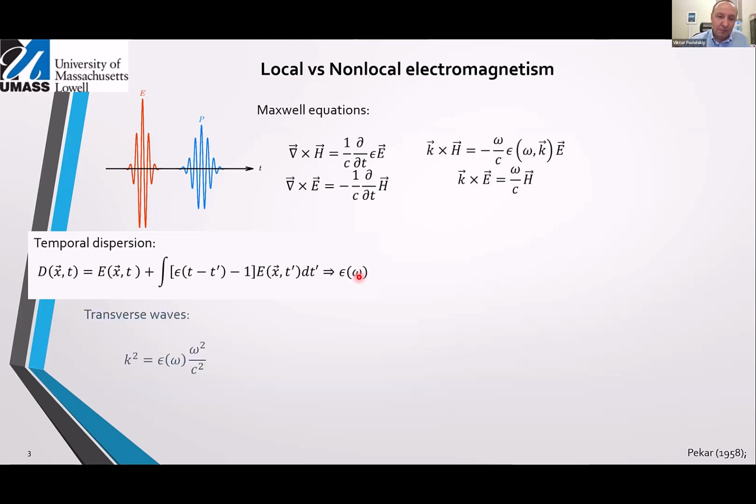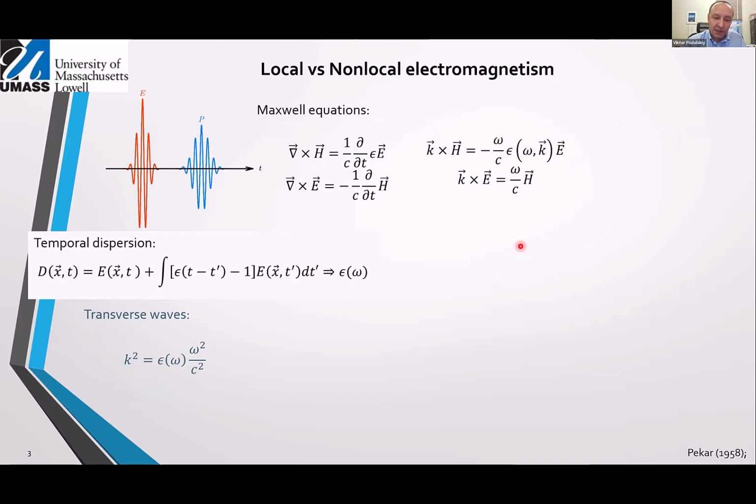Now, once your permittivity becomes function of frequency, we can mathematically limit ourselves to monochromatic light. We reduce our favorite Maxwell equations to essentially algebraic equations that represent relationship between wave number, which is this k, operating frequency, and permittivity, and electric and magnetic field amplitudes.